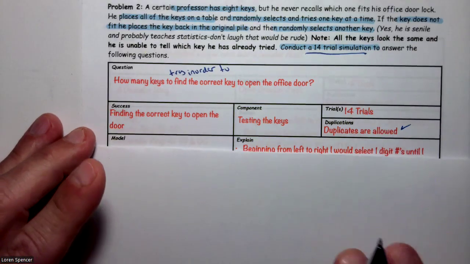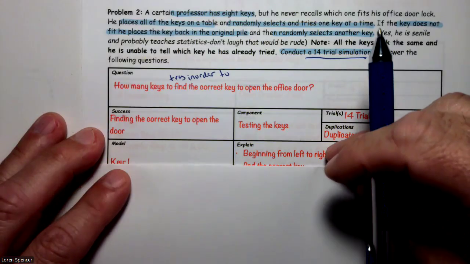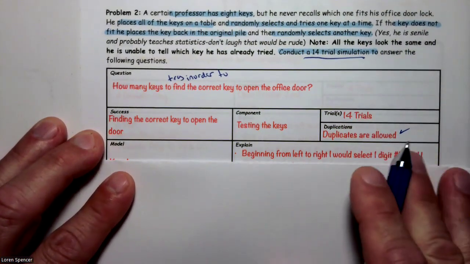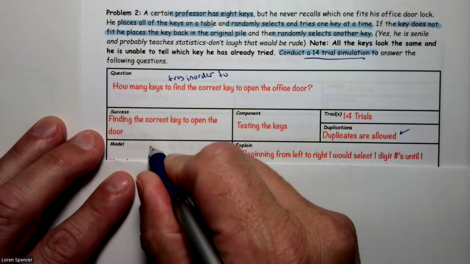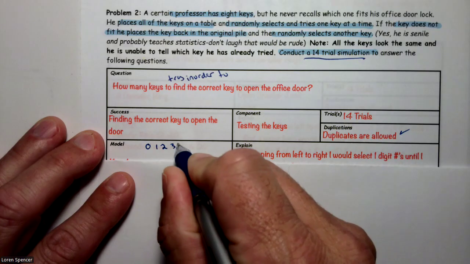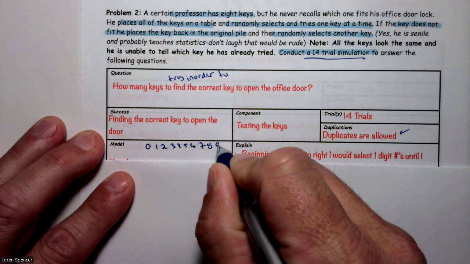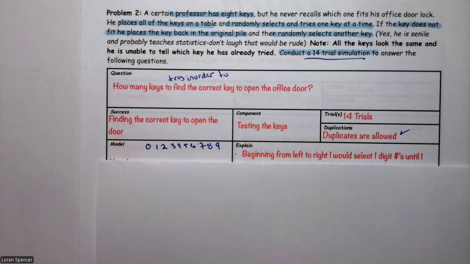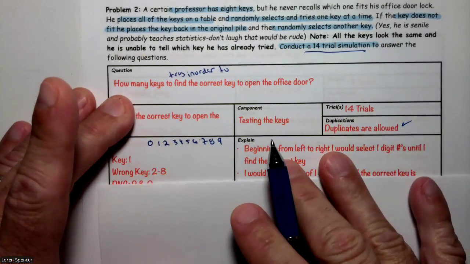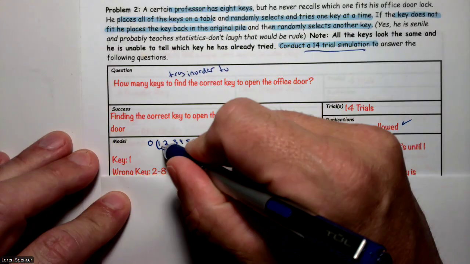Okay. Well, the model. First off, how many keys are there? All right. Well, basically, we have a random number table. We have 0, 1, 2, 3, 4, 5, 6, 7, 8, 9. Those are our numbers. So in this case, we define key 1 as being the right key.